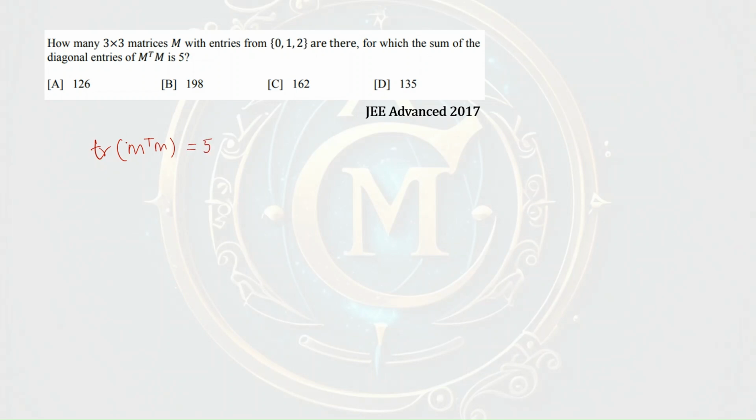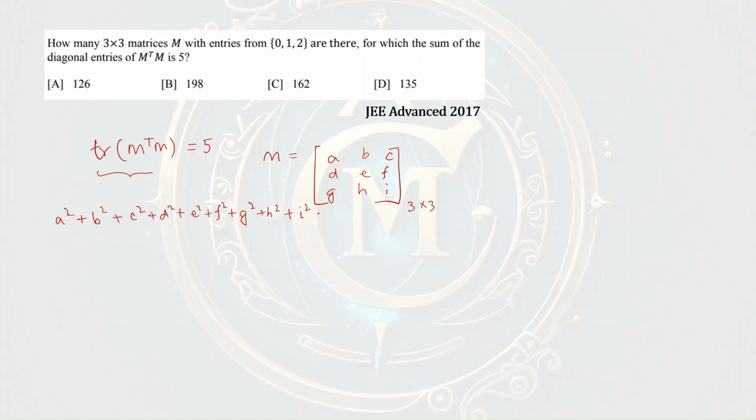So if we assume M to be the matrix A, B, C, D, E, F, G, H, I, then we can simply say that trace of M transpose M will be equal to A square plus B square plus C square plus D square plus E square plus F square plus G square plus H square plus I square.